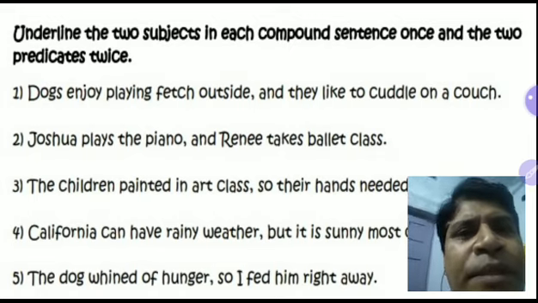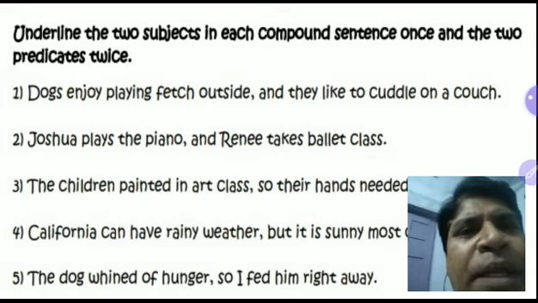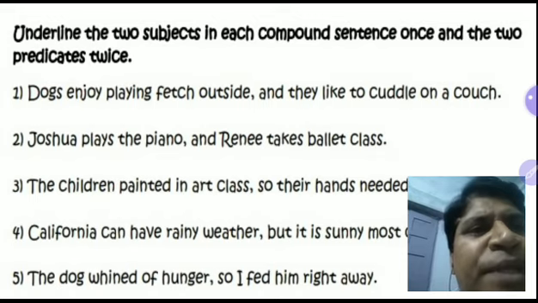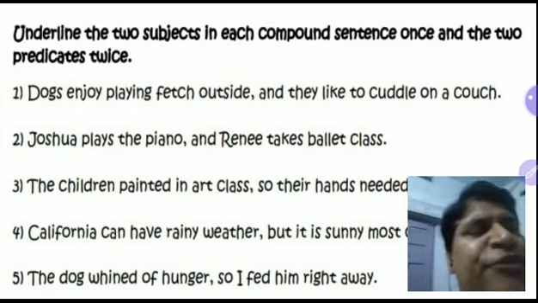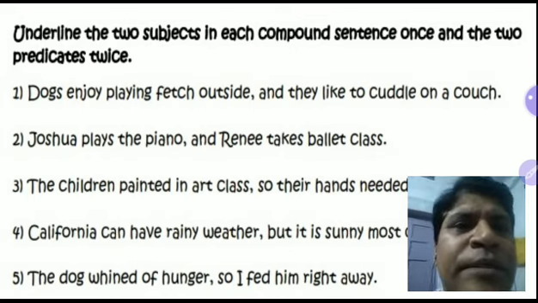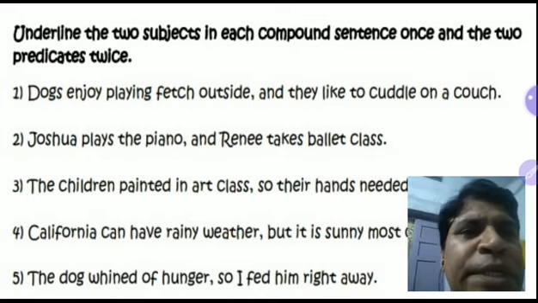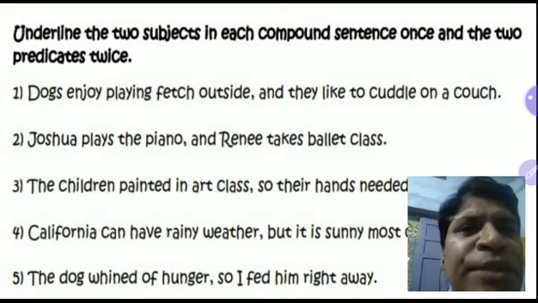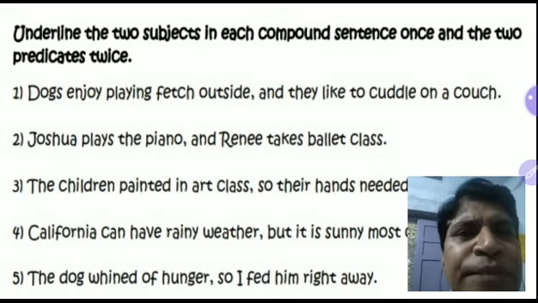Now look at this: underline the two subjects in each compound sentence once and the two predicates twice. Dogs and they: these two subjects have to be underlined once.